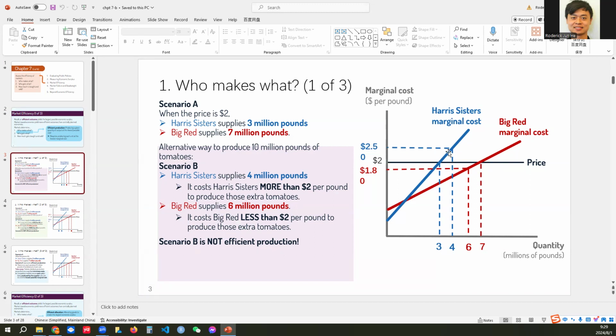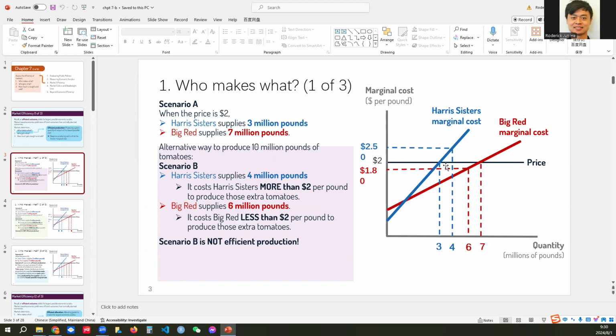What does that mean? That means from 3 to 4, the marginal cost, the cost of producing each additional unit of product within this range will be more costly than $2 each. But what they can get is $2 because that's the market price.